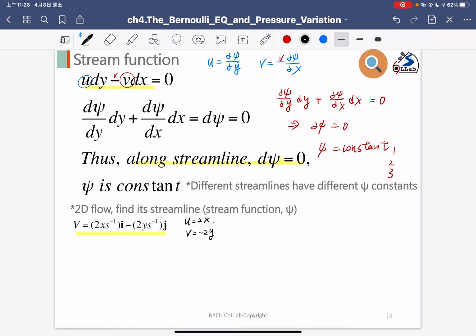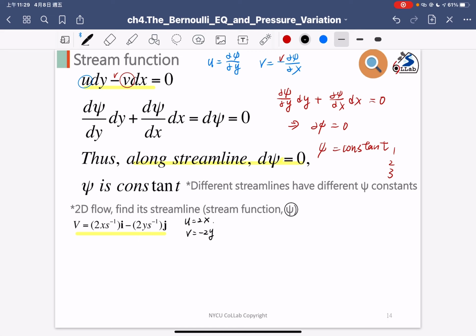Okay, so the idea is how can we find the stream function? The stream function is our purpose for this exercise. So again, I tell you the spatial gradient will equal the velocity ratio.